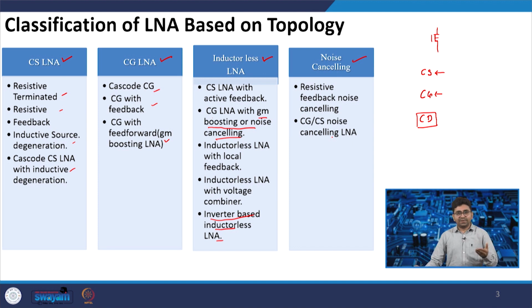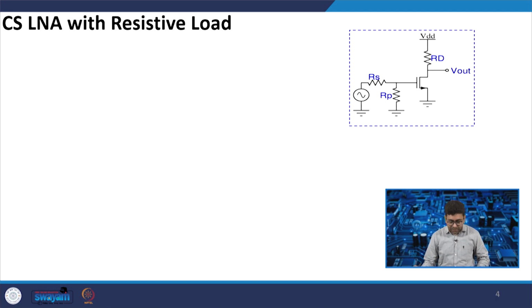So, let us start with the simple resistive terminated common source LNA. Whenever you see any circuit, as an RF designer, you should know what the noise sources in the circuit are. If we try to see the input impedance at the gate side, it is a very high impedance.